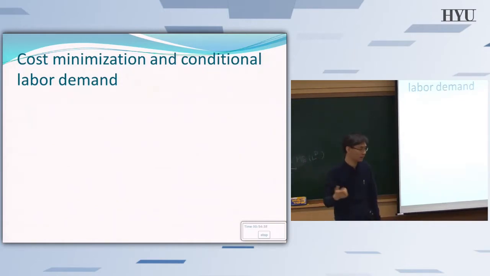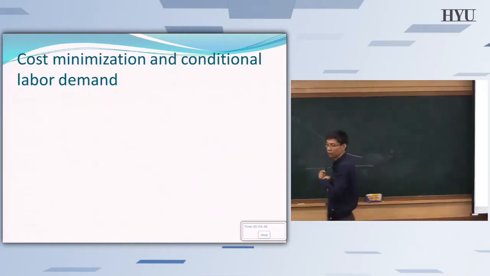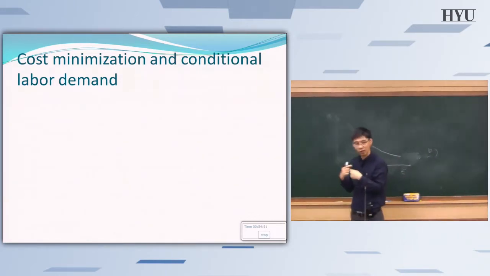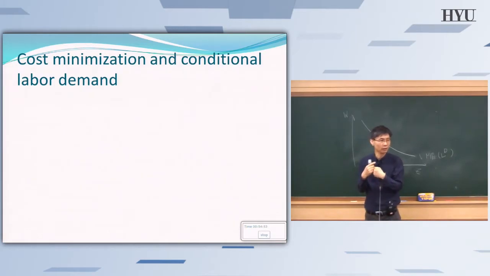Then we ask how the firm should do it. That is the cost minimization, as I said. And then we can derive labor demand from cost minimization, and we call it conditional labor demand. Why is it conditional? Because it is conditional on the desired output. If the desired output changes, then labor demand will change.